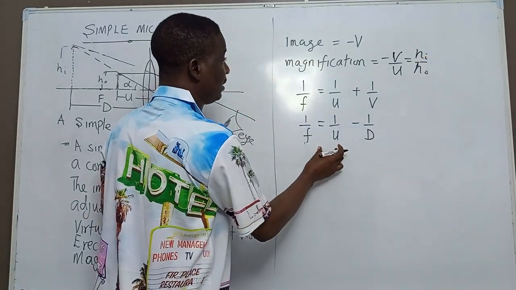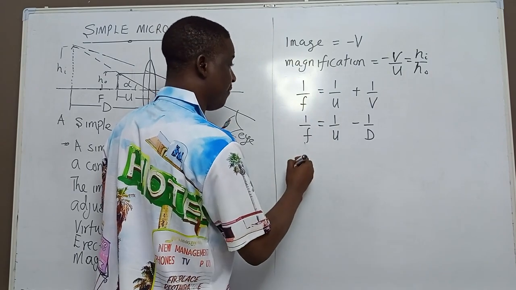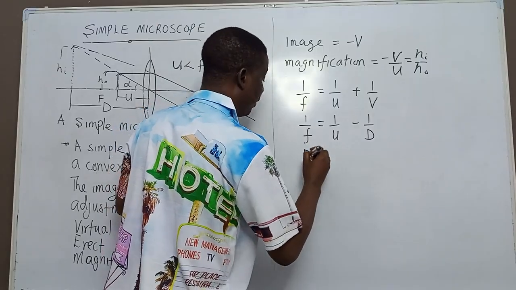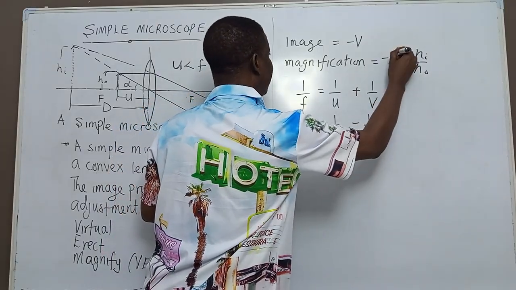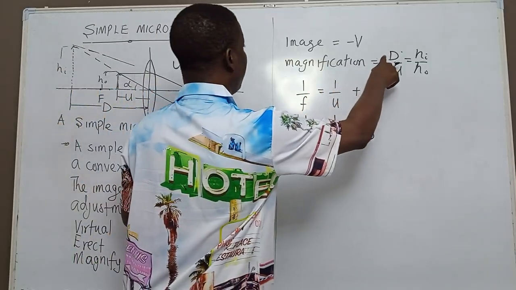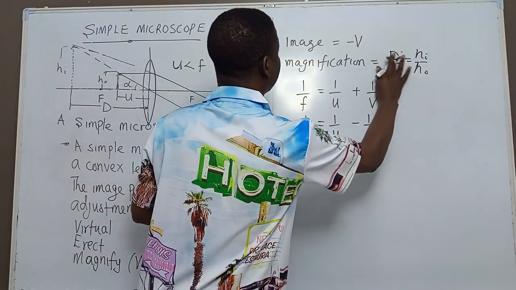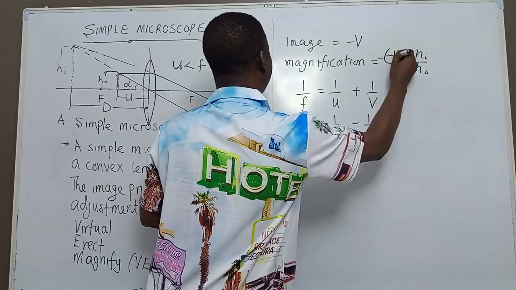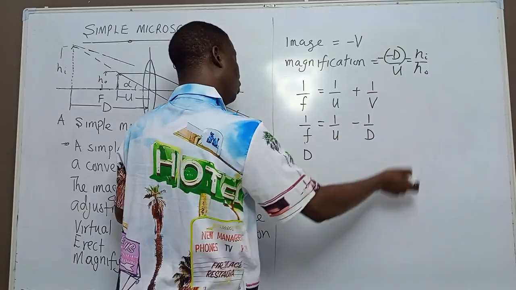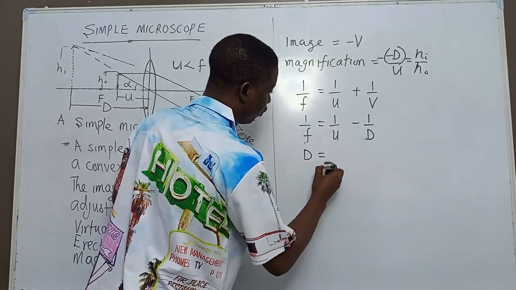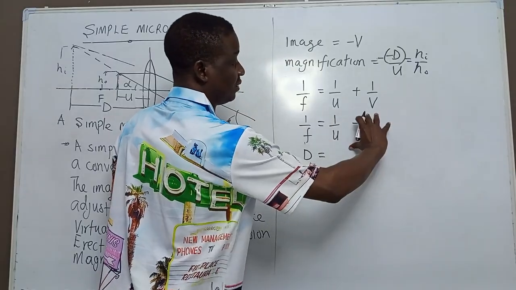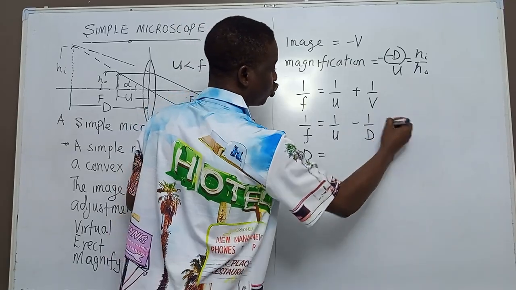If I put minus D there, the minus gives us plus, so D over u plus 1 equals D over f.